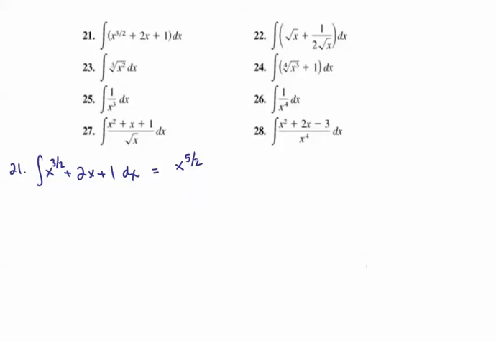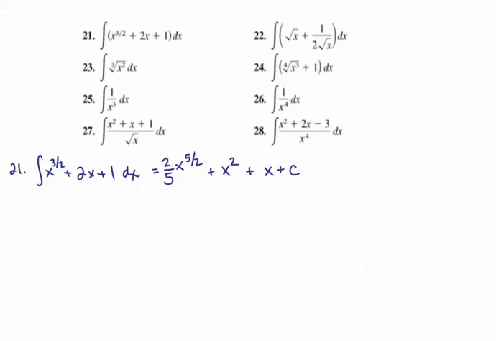Divide by 5/2, which is the same as multiplying by 2/5. Next, 2x is going to be 2x to the 2nd power, divided by 2 is x squared. Then 1x to the 0 increased by 1 will be 1x to the 1st over 1, and that's simply plus x, and don't forget the plus c.